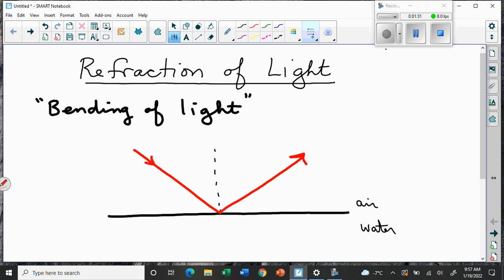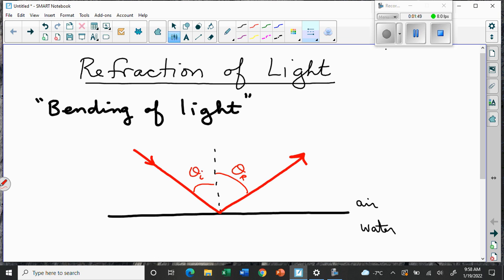So we say that this angle right here and this angle are the same. I'll use two thetas to show them. One is the incident incoming angle and one is the reflected angle. Okay?